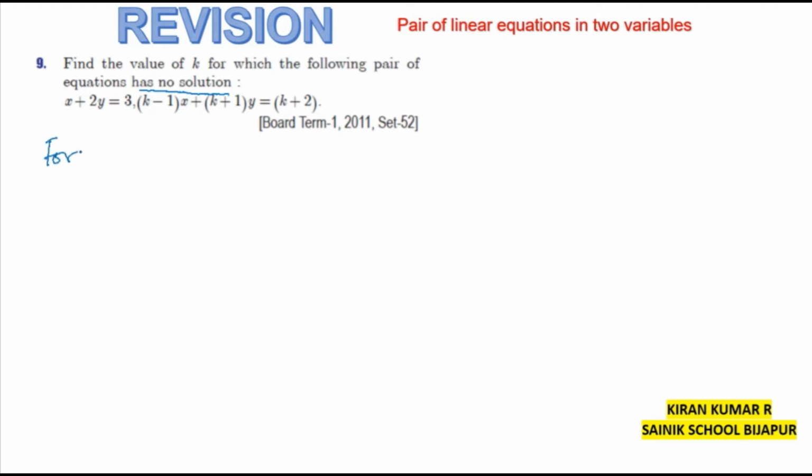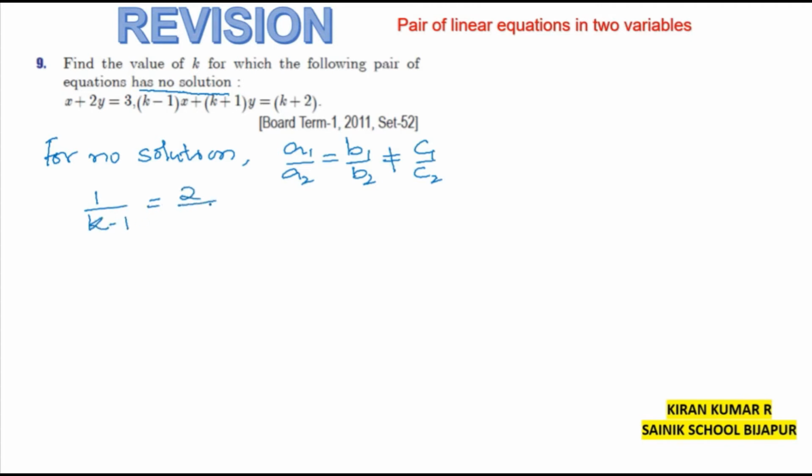For no solution, we have the condition a1 upon a2 equal to b1 upon b2 not equal to c1 upon c2. Let us substitute the values. 1 upon k minus 1 equal to 2 upon k plus 1, which is not equal to 3 upon k plus 2.